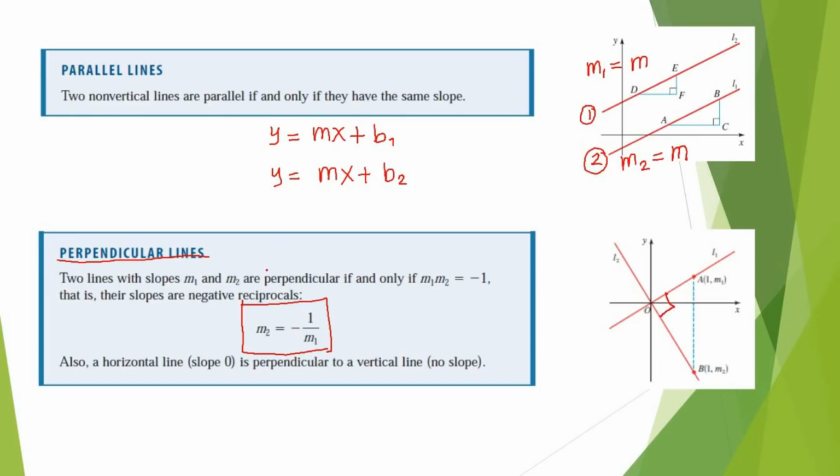Their slopes should be negative reciprocals. So m2 is simply equal to the negative reciprocal of our m1.